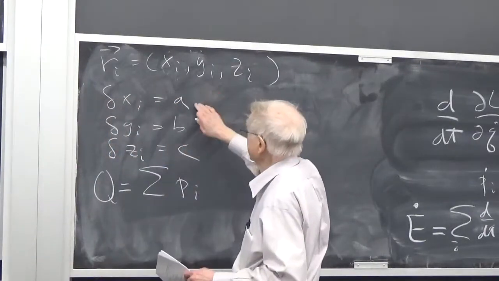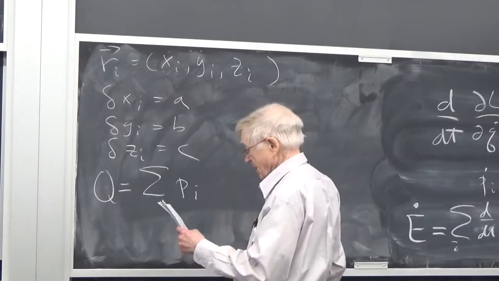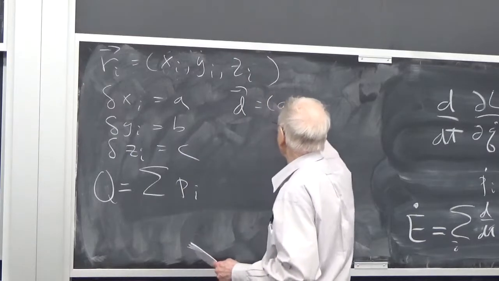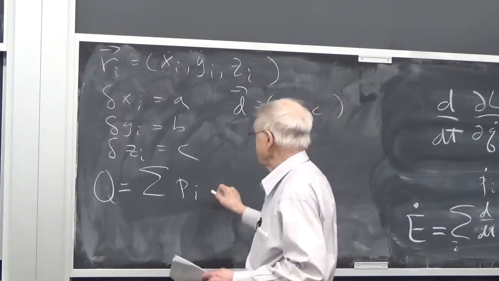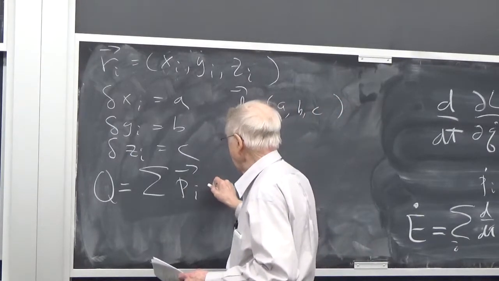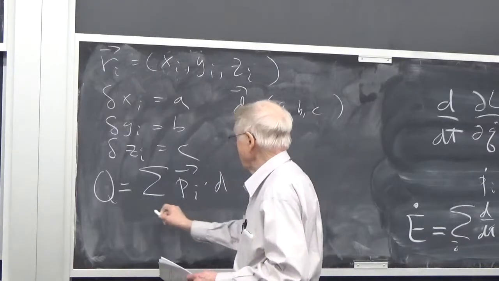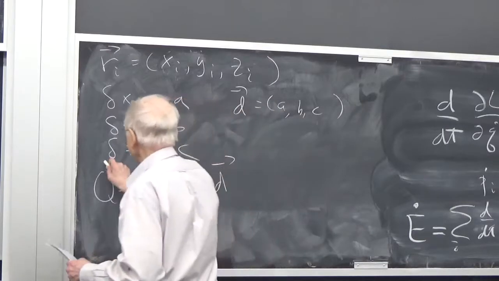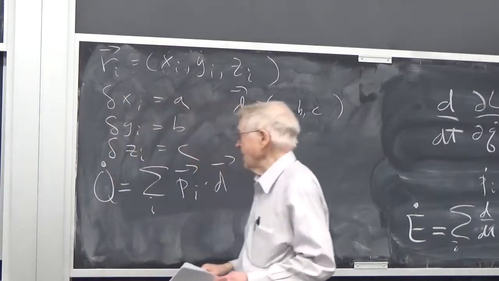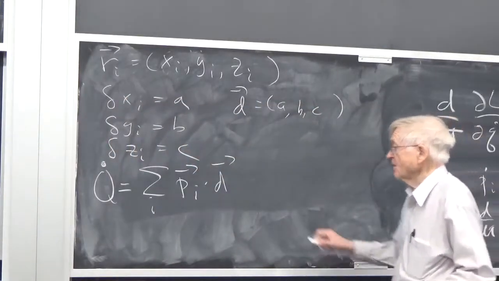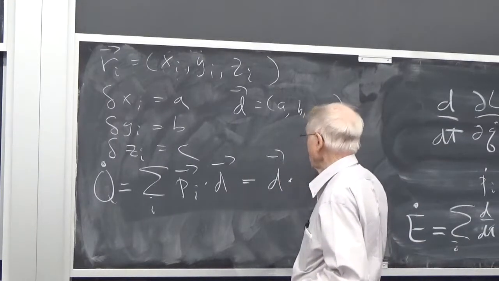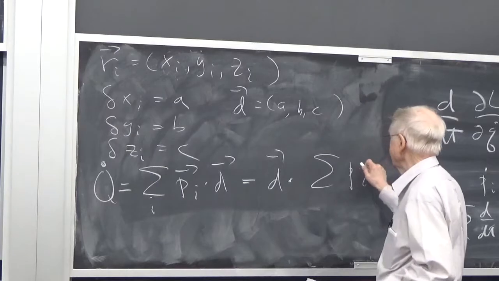It's just A, B, C. And so if we let D vector equal A, B, C, then this says that Pi dot D summed over i, this is Qi dot, Q dot vanishes, but this is just D dotted into the sum of the Pi's.